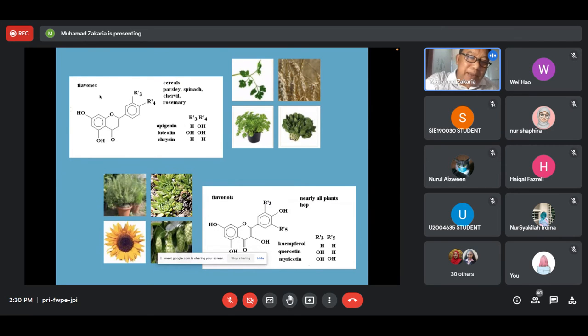That's why you see monkeys on the trees, plenty of monkeys behind the Faculty of Science. They eat flowers, and these flowers contain flavone. That's why the monkeys are very strong. They seldom get infection because flavone helps to strengthen their immune system. We strengthen our immune system by taking vaccines, but monkeys take flavones. These are natural ways of protecting themselves.